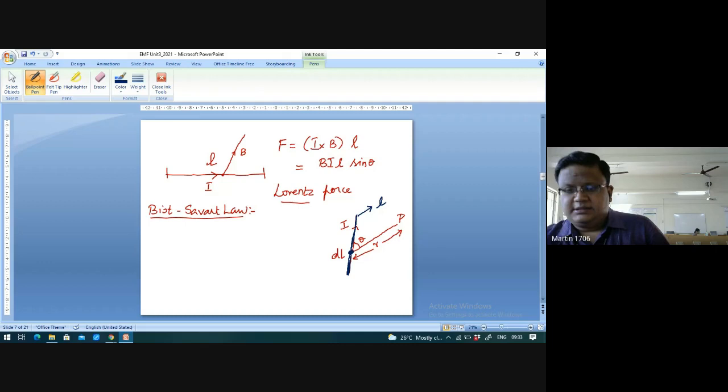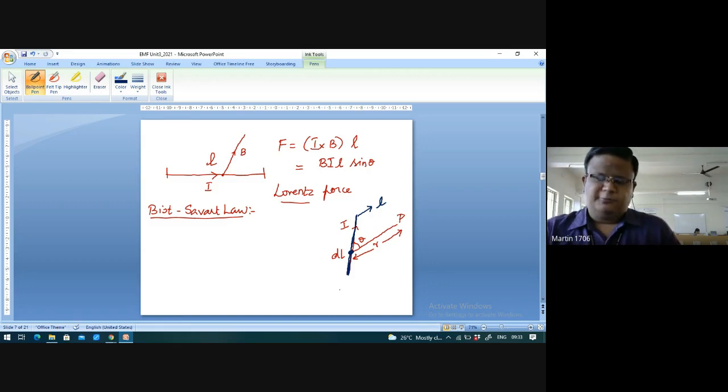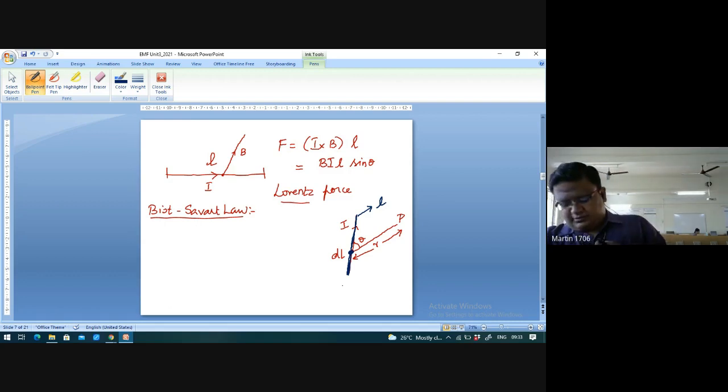At this point, what is the magnetic field obtained at the point P? I can obtain the magnetic field up to the point P. In a classroom, if I shout, up to that classroom alone you are able to hear my voice.